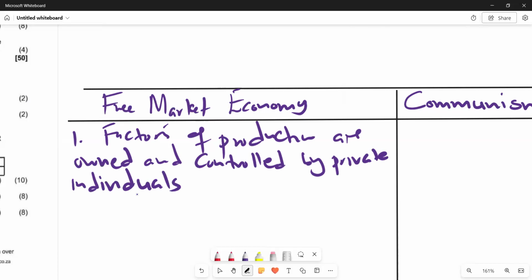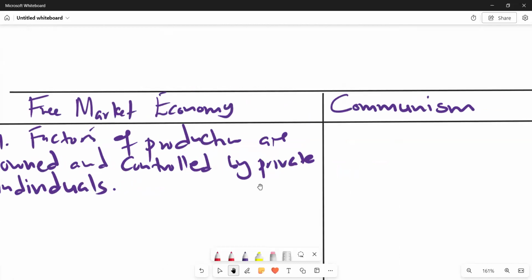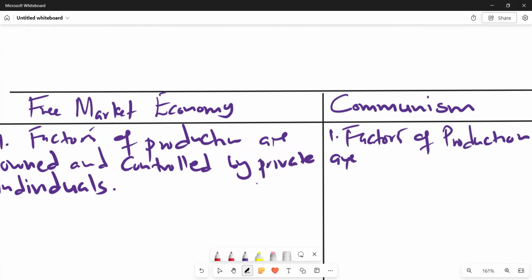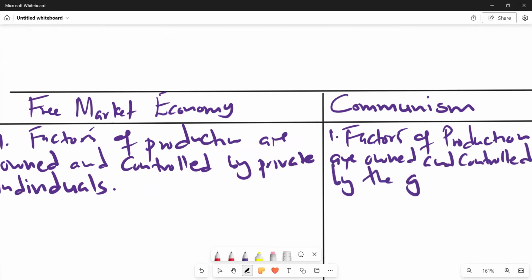And this is the explanation that we have in terms of ownership of factors of production under the free market economy. If you go to communism now, you see that these factors of production are owned and controlled by the government. So this is what we have in terms of the first set.